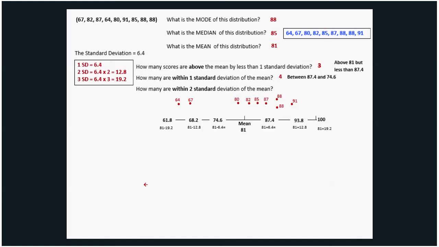If we're talking our range of scores then is going to be between 68.2 and 93.8. So if you look at this and let's count them then up here, we've got 1, 2, 3, 4, 5, 6, 7. So between 93.8 and 68.2, 7 of the scores fall within there.